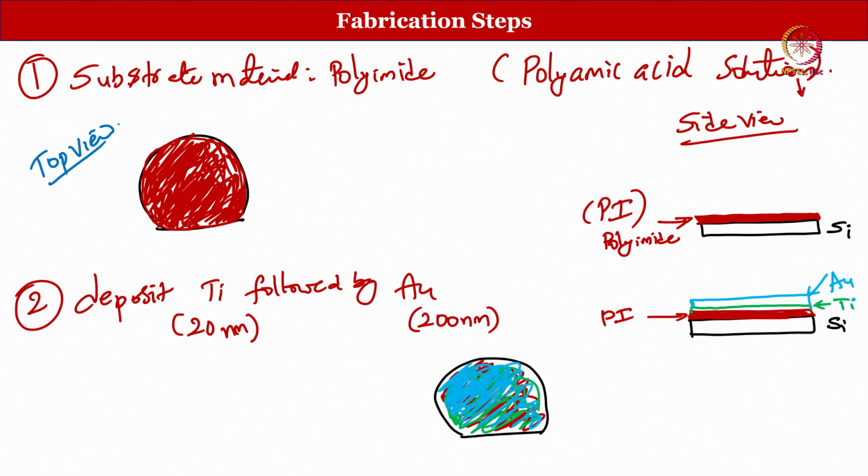Now, the entire thing will be filled using the gold. You can't see anything below that, correct? When you are looking from the top view, because I am drawing all these things, I am taking some time, otherwise you can't see anything below the gold.